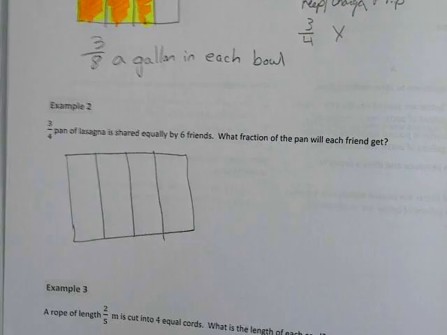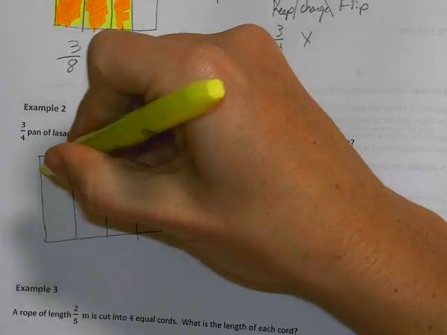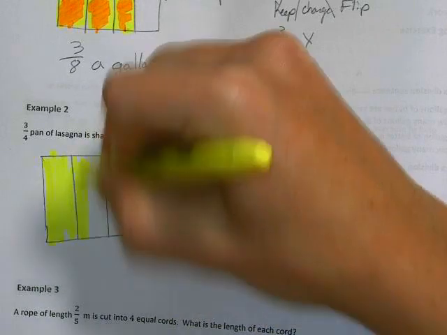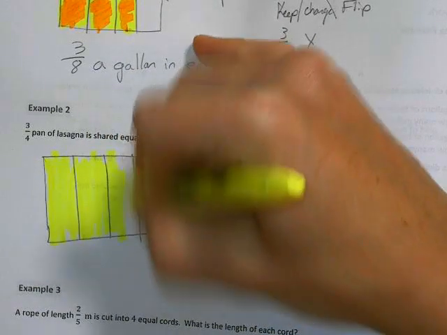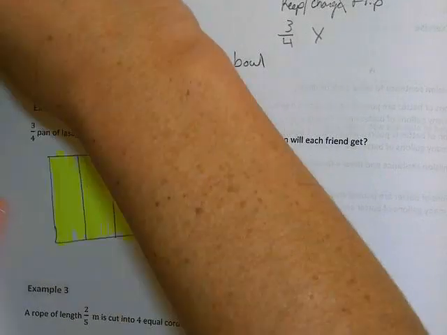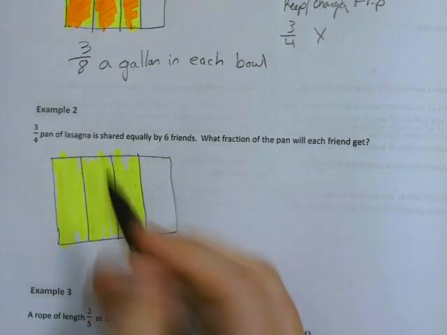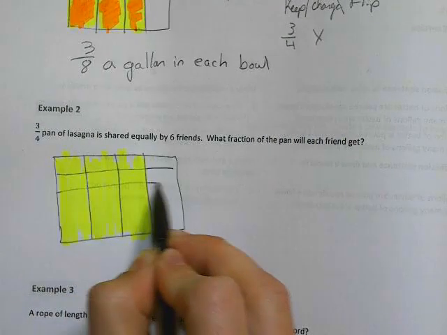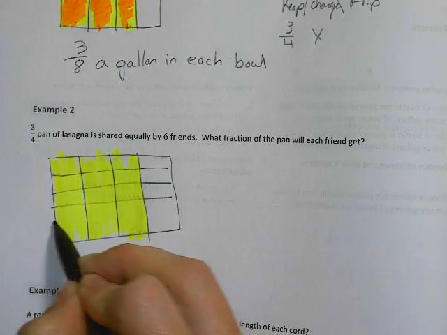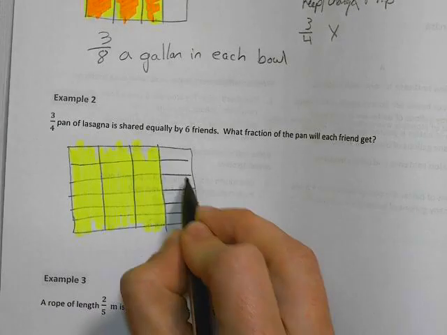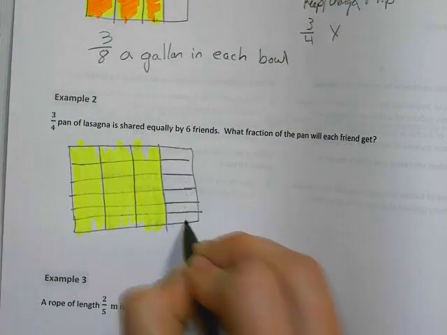And again, I'm going to color the first example in yellow so you can see the 3/4. Then you have to break it into 6 parts because there are going to be 6 people. So breaking it into 6 parts, here's 1, 2, 3, 4, 5, and 6.